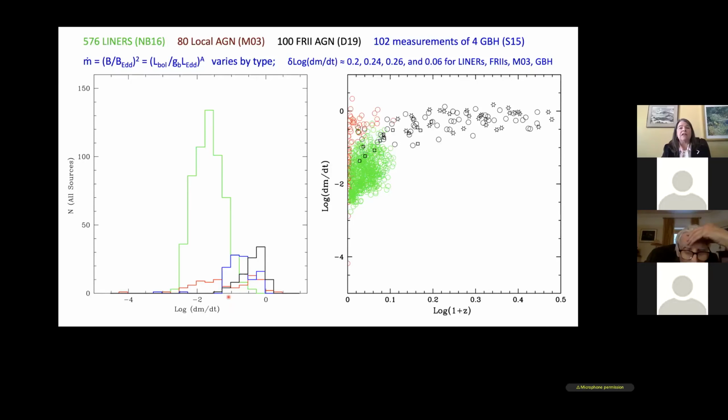But we can still see that there's an overlap of a part of the Merloni et al. sample with the FR2 sources in the galactic black holes, sort of bright accretion disk type systems. And then with the less radiatively efficient systems, there's an overlap of some of the Merloni et al. sources with the LINERs. And once again, we see the strong effect of the flux limited nature of the surveys for the LINERs.